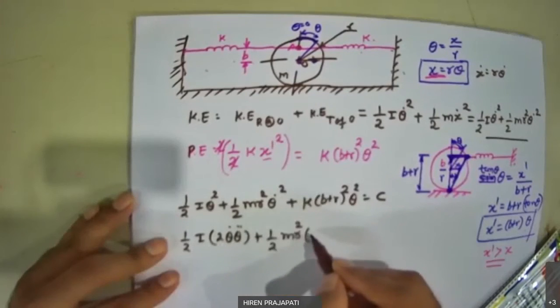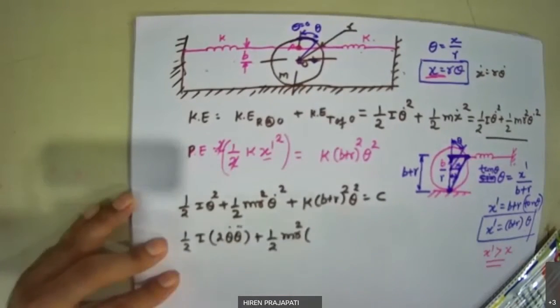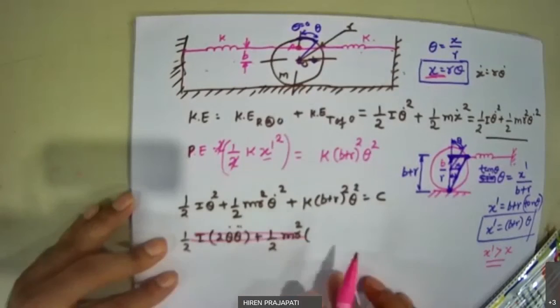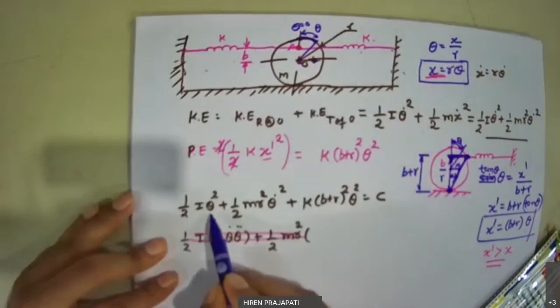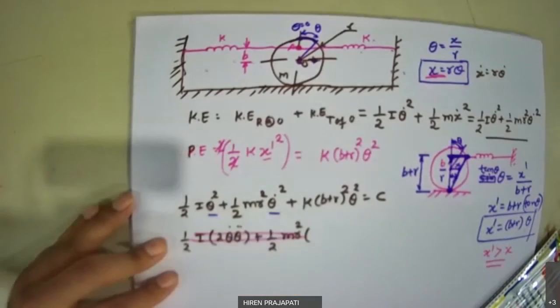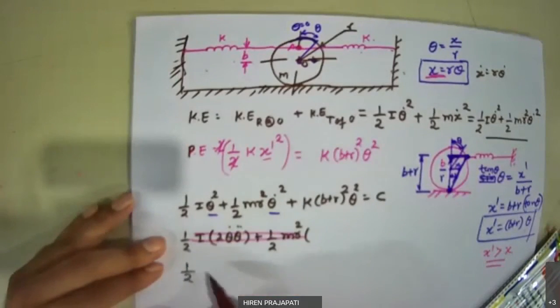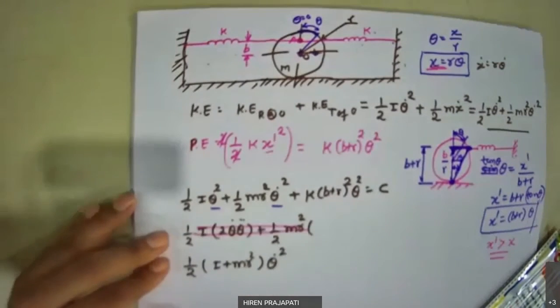Again, let me first write this entire thing in equivalent form. If you look, theta dot square is common in the first two terms. So I can write 1/2 (I plus m r square) theta dot square. This is what is called the equivalent mass, m equivalent.